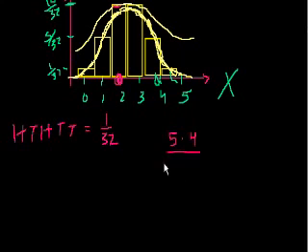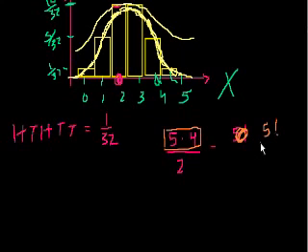And then we don't care about order, so we don't care if flip 1 was the first head and flip 2 was the second head, or the other way around, so we divide by 2. And we said that this was the same thing as 5 factorial over 3 factorial, and then the 2 is the same thing as 2 factorial, because 2 factorial is 2 times 1.